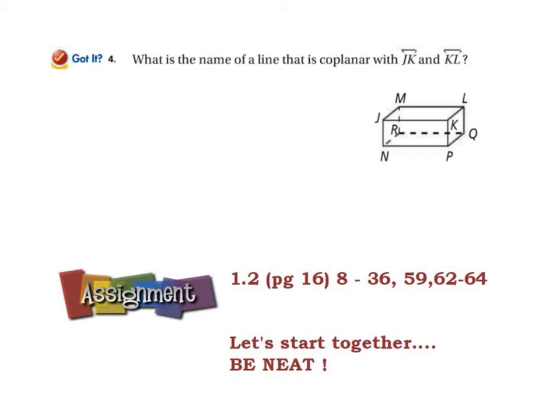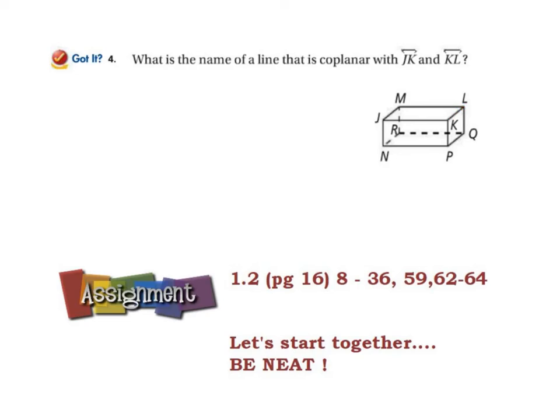All right, this is the last one here. It says, what is the name of a line that is coplanar with JK and KL? JK is this edge right here. KL is this one right here. So these are both on the top of the box.